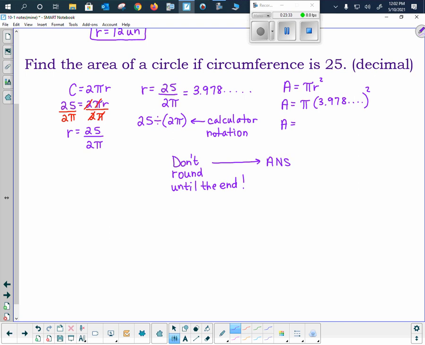You want to take your answer key, the 3.978, square it, and then say times pi, and push equals. So we just need to practice with that real quick. Make sure your calculator is out and you're taking the time to practice that. If you're doing it correctly and you're rounding one time and one time only to the nearest hundredth, your answer should be 49.74 units squared.